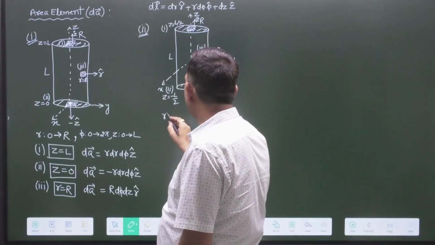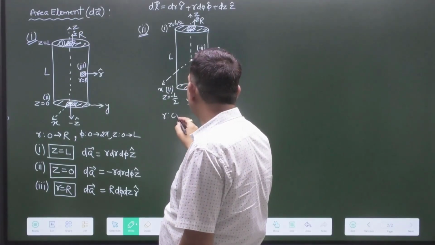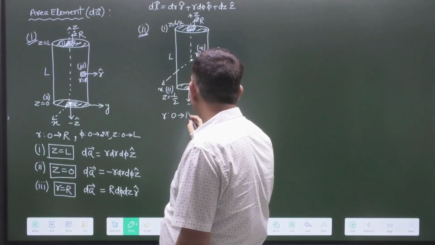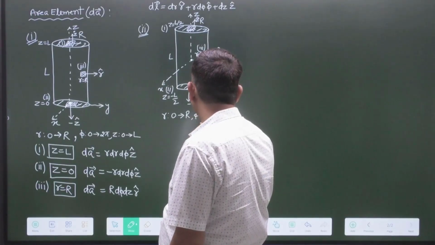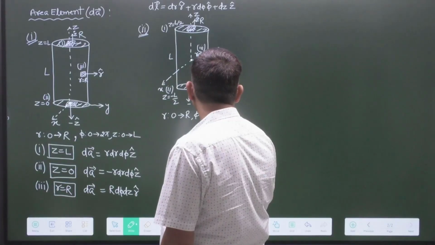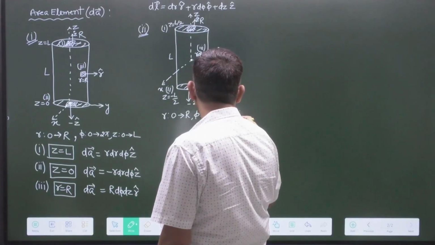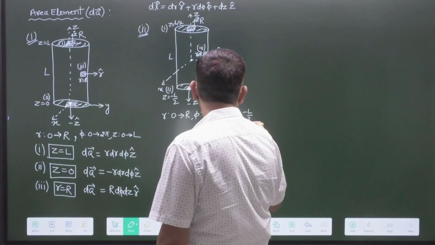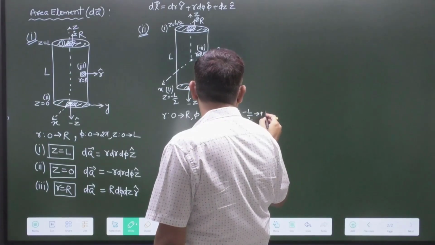So in this case, r varies from 0 to R, phi varies from 0 to 2 pi, but z varies from minus L by 2 to plus L by 2.